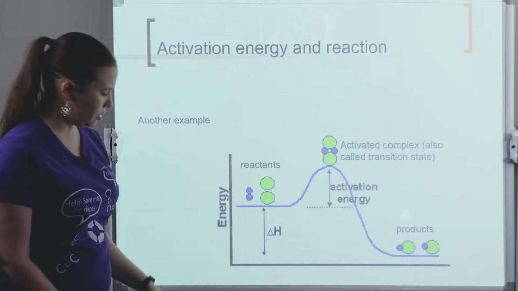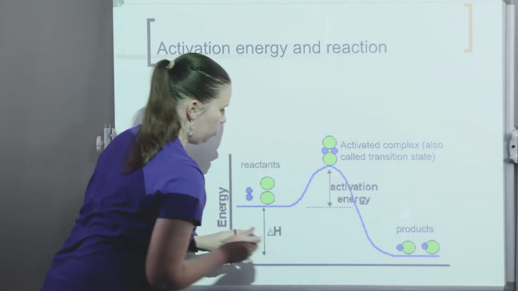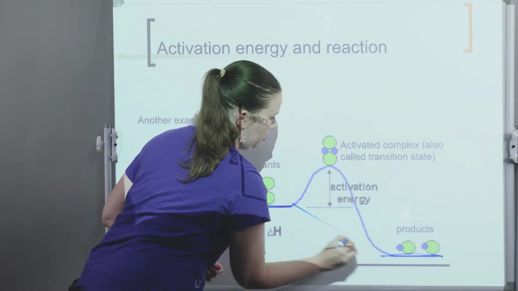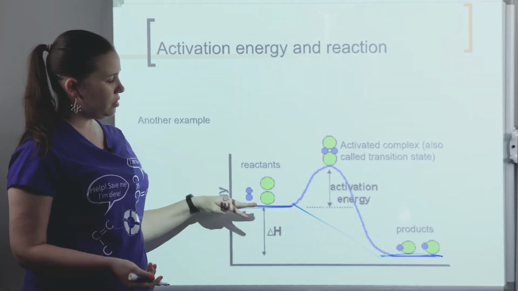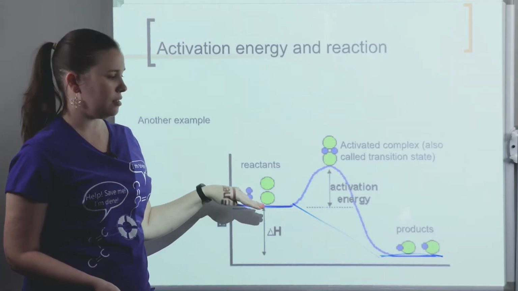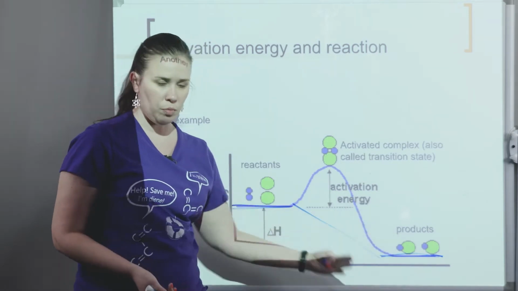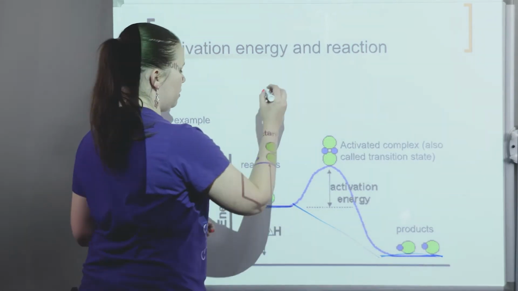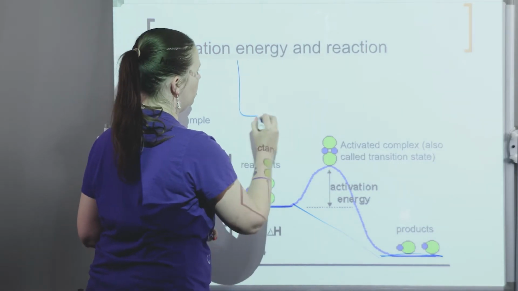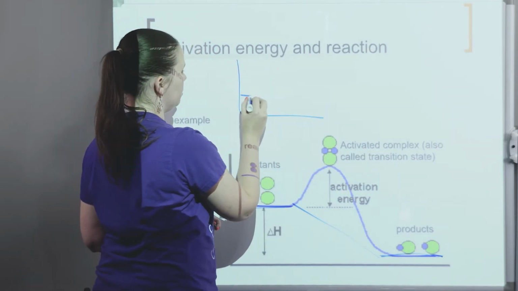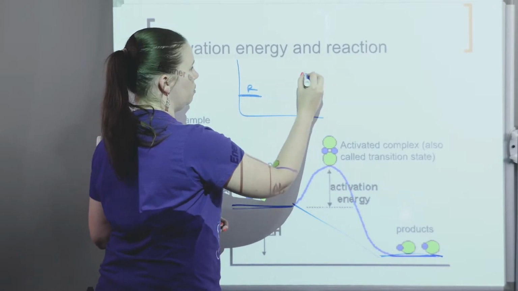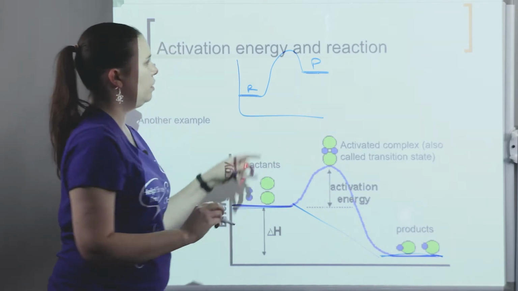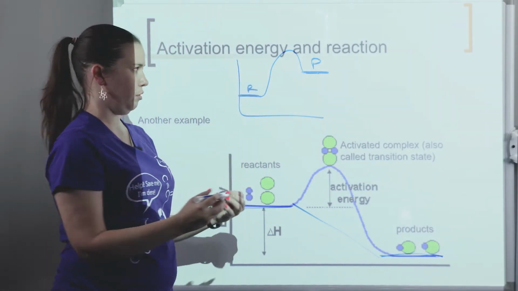The part of this that we looked at before just showed the level of reactants compared to the level of products. They didn't show the bump. But it's still true that if the energy of the reactants is higher than the products, this would be an exothermic reaction, where enthalpy would be decreasing. Whereas if the energy of the reactants was lower than that of the products, we would still have a bump, and it would be endothermic.